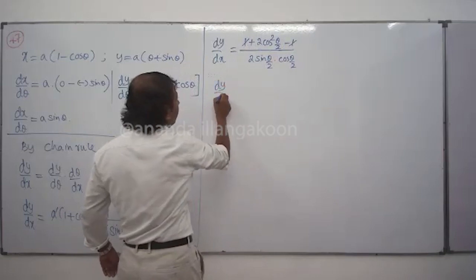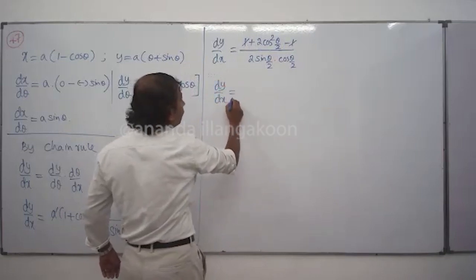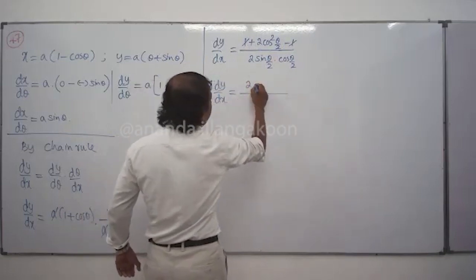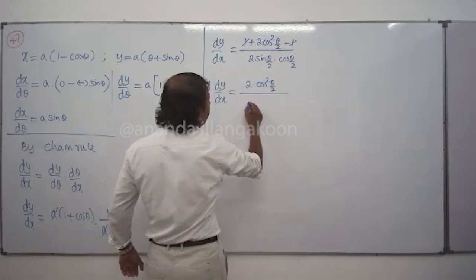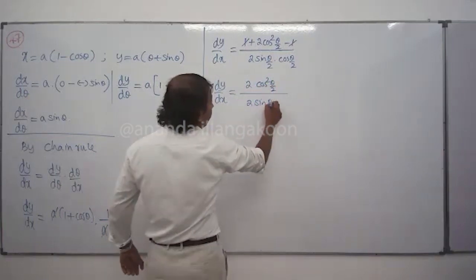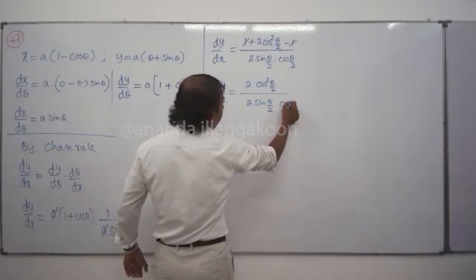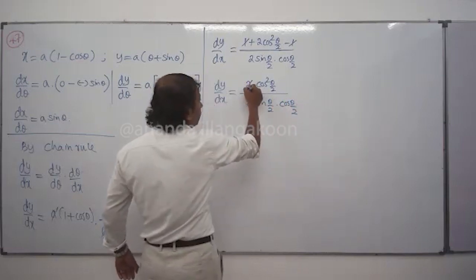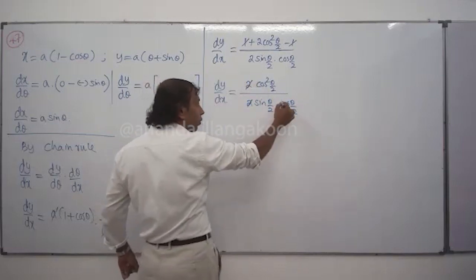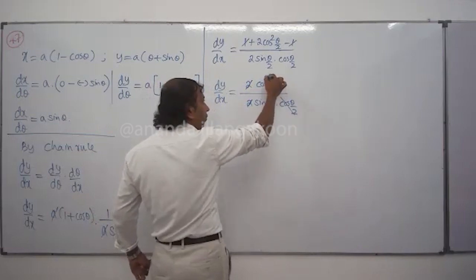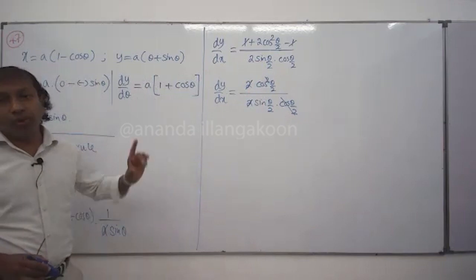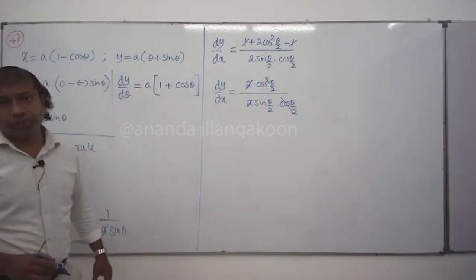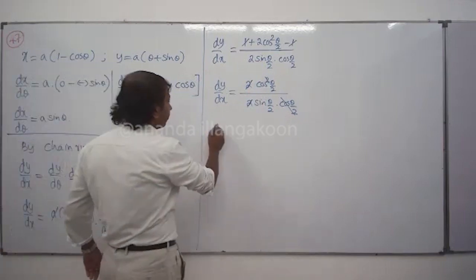Then we have dy by dx this way: 2 cos squared theta by 2 divided by 2 sin theta by 2 into cos theta by 2. This 2 and this 2 you can cancel down. This cos theta by 2 we can cancel down with one cos theta by 2 of this cos squared theta by 2. Now what do you have?